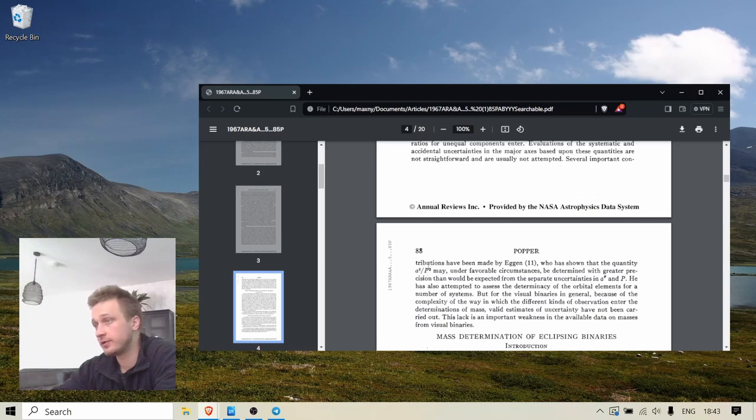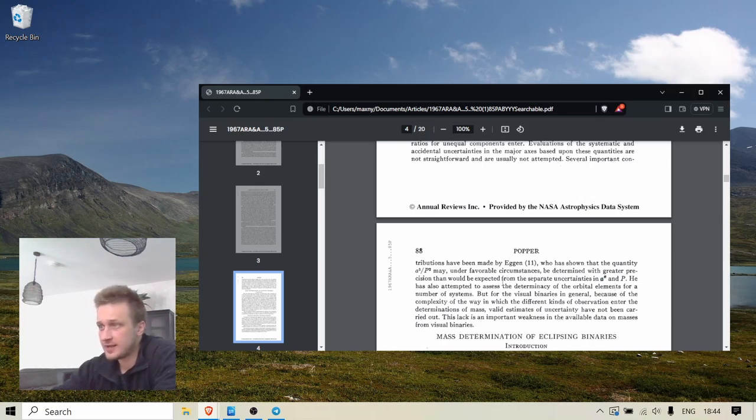cubed or the period squared may, under favorable circumstances, be determined with greater precision than would be expected from the separate uncertainties in A and P. I don't know what A double apostrophe means.